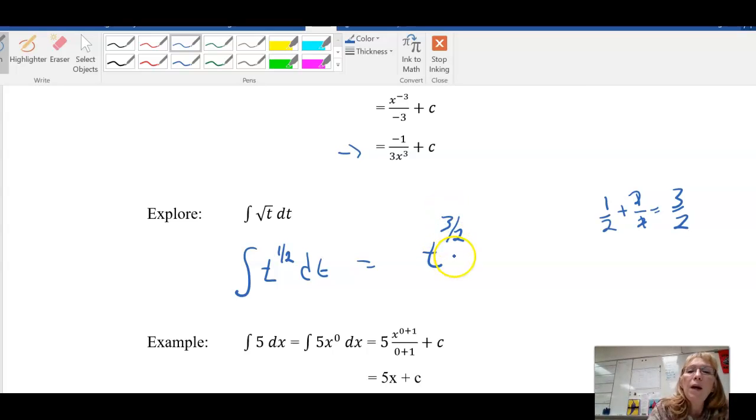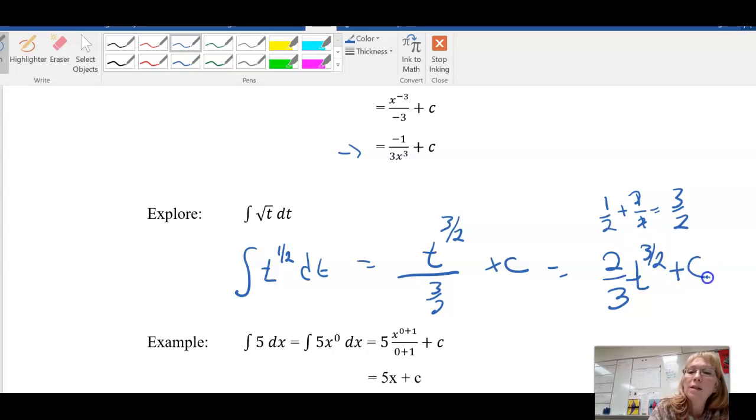But I have to divide by 3/2, which I don't particularly want to do because I don't want a fraction in a fraction. So what you should do here is multiply by the reciprocal, which gives you 2/3 t to the 3/2 plus c. Because remember, when you multiply by 2/3, this cancels, times 2/3, and we should be able to straight go there.